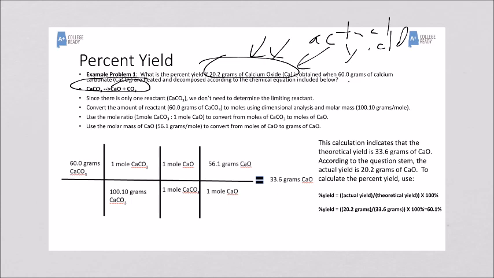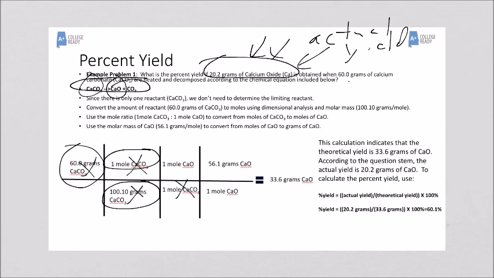We know we're starting with 60 grams of calcium carbonate. So let's take that 60 grams. Let's use the molar mass of calcium carbonate to convert from grams to moles. Let's do a mole ratio between calcium carbonate and calcium oxide, 1 to 1.